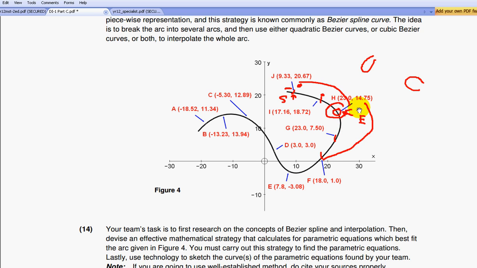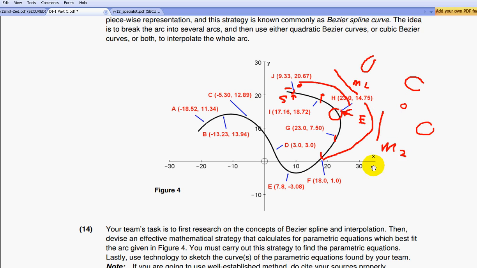Anyway, back to this. You notice that right here, this is where the two arcs meet. You have to ensure that the gradient or the slope at this particular point, for this arc, you get a gradient, say m1. And if you use this particular arc right here, and you calculate the gradient for this point h, you get another gradient, something like m2.